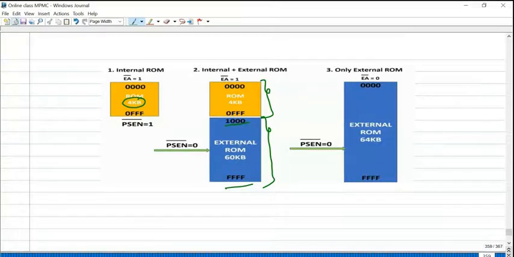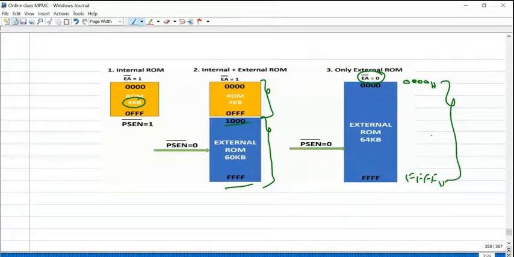Okay, this is the one case. Suppose you want to interface a ROM alone with the microcontroller, at that time you have to make your external access pin equal to 0. Now the addresses from 0000H to FFFFH, all these locations are from external memory only. So at that time you have to make your program store enable pin 0.